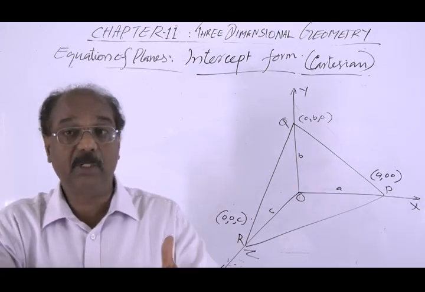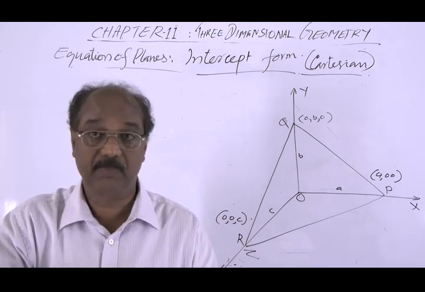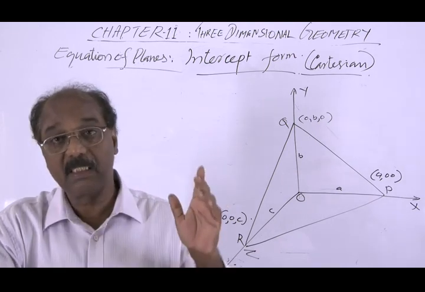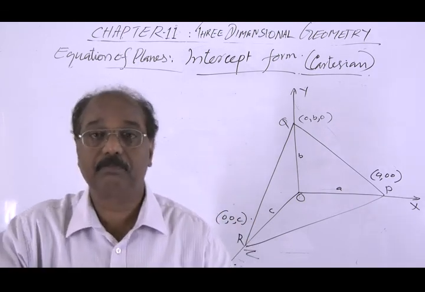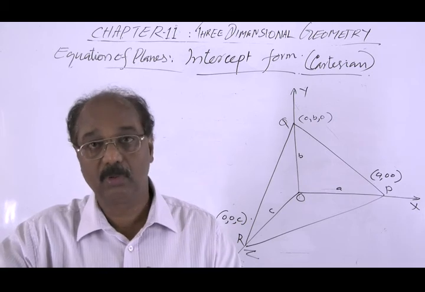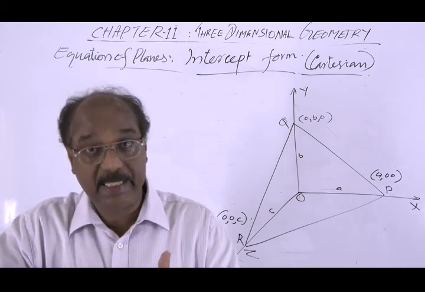We have derived the equation of the plane passing through 3 non-collinear points. Using that result, we can have the equation of the plane here also. But we derive the equation directly here.